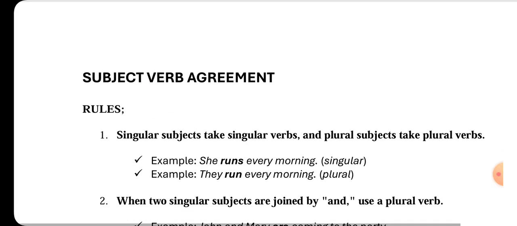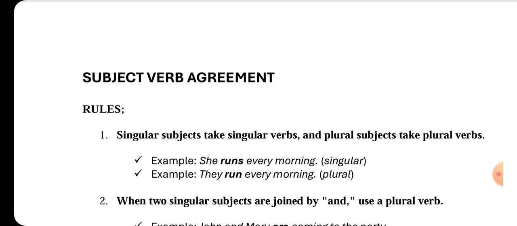That is it. Let's look at subject-verb agreement. It comes up a lot. When we say subject-verb agreement, we are telling you that your subject and your verb should agree, not disagree. If your subject is plural, then the verb should be plural.